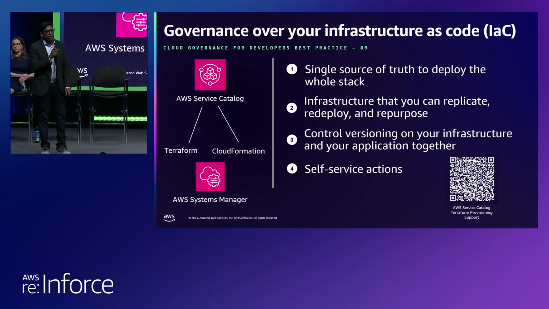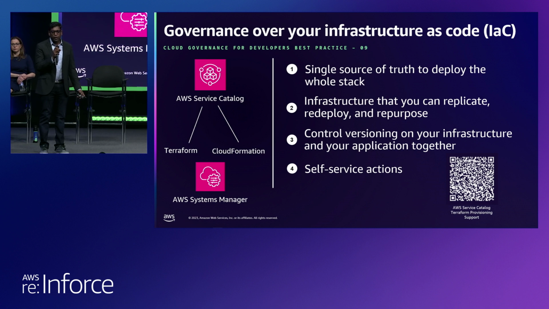With Service Catalog, it does have certain functionality that you might find useful. You can share it across your multi-account environment, and if you make a change to a Service Catalog product, that change propagates across your multi-account environment.